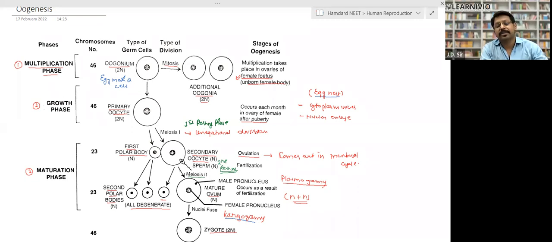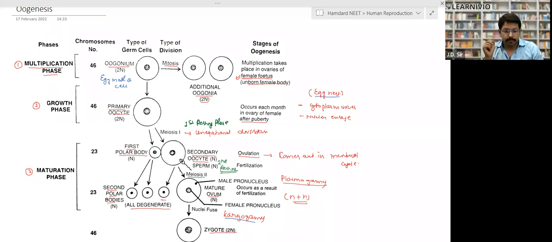After fertilization, second meiotic division is completed. Full stop. Next point.